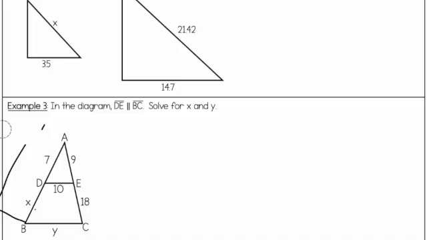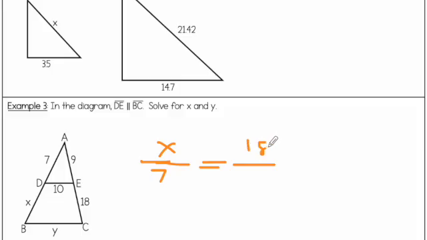Okay, but I feel like to find x, there's an easier way. We can set up a proportion and use the side splitter theorem, or triangle splitter theorem. And we have x over 7 is equal to 18 over 9. So we get 9x is equal to 7 times 18.